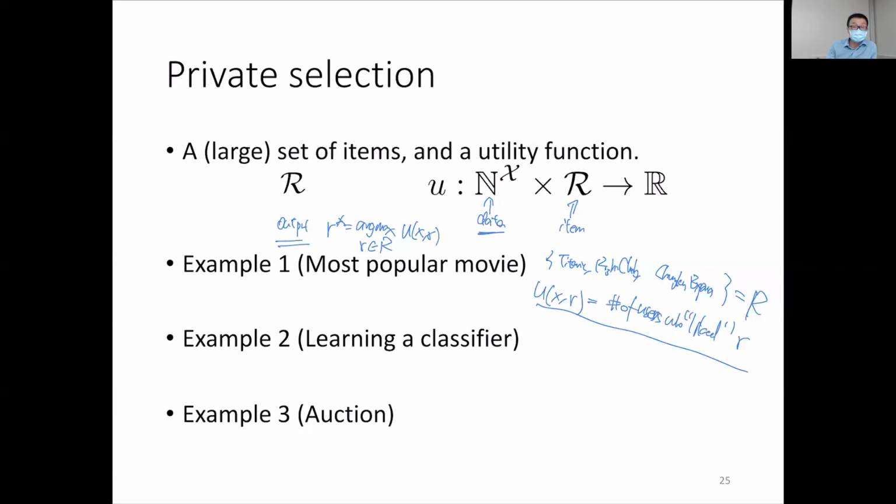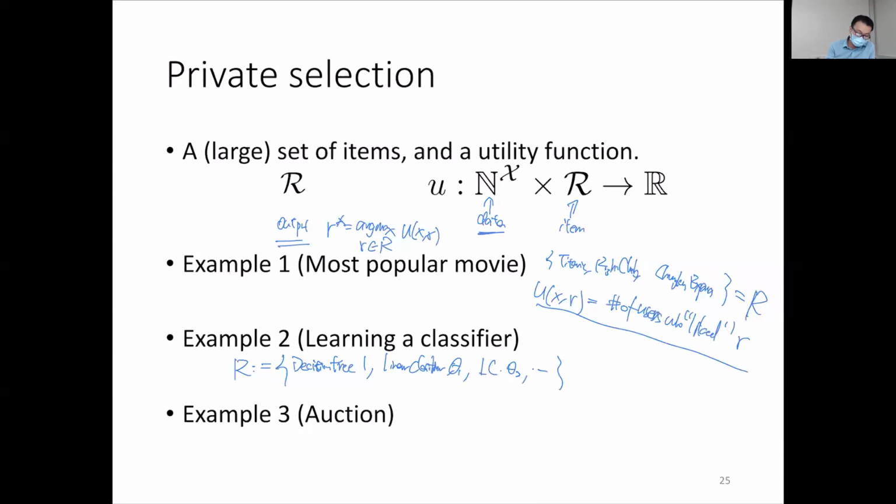The second example is the classical example of learning a machine learning classifier. In this case, this space R is a decision tree, or one linear classifier specified by a parameter theta 1, and the linear classifier with the parameter theta 2, and so forth. Let's say that it's a finite discrete set of classifiers. And what is the utility function?